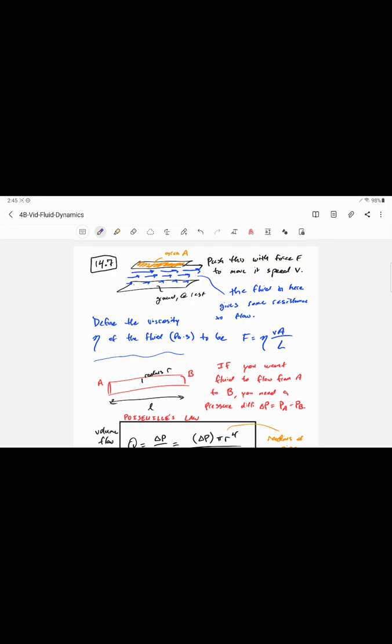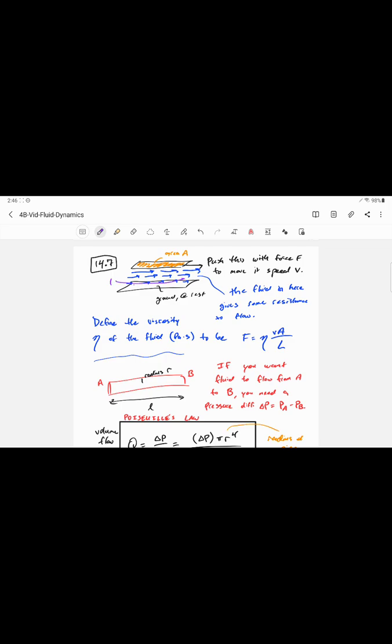So what the water does, and this is an experimental fact, is that as long as you're not forcing the fluid to go too quickly, as long as you're in the laminar flow regime, not turbulent flow, the velocity of the fluid gradually increases from 0. The fluid here would be 0 meters per second anywhere along the ground.